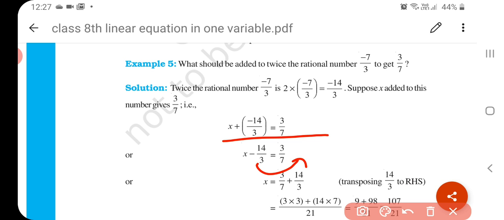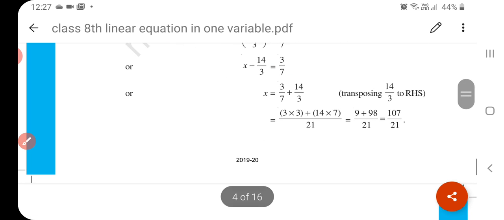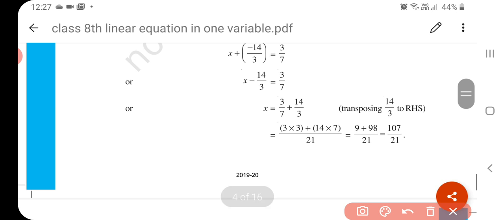Now see the denominator. If the denominators are different, first of all, what is our method? First of all, we have to take the LCM of the denominators. The LCM of 7 and 3 होता है 21, and this way we have to solve this question, and our answer is 107 upon 21.